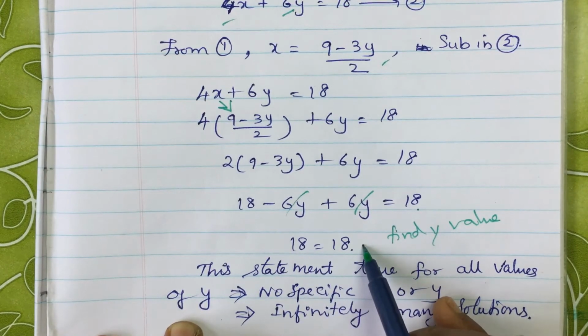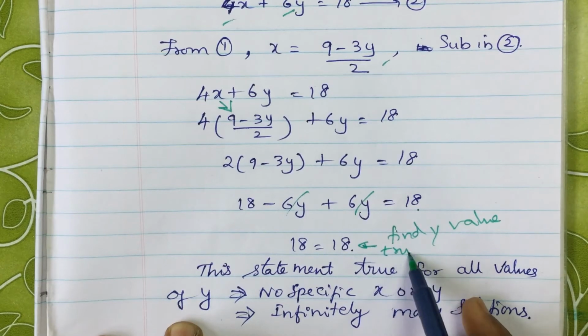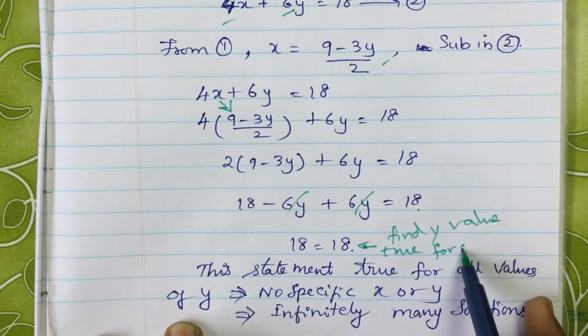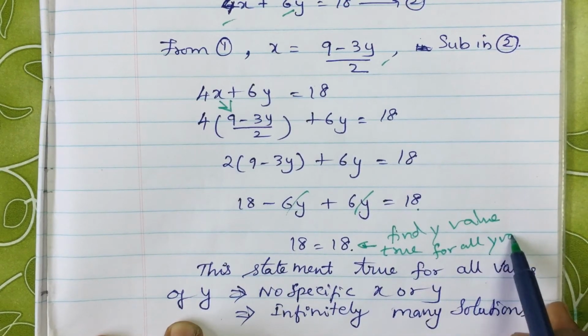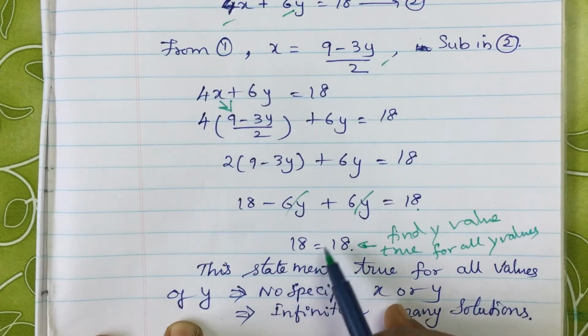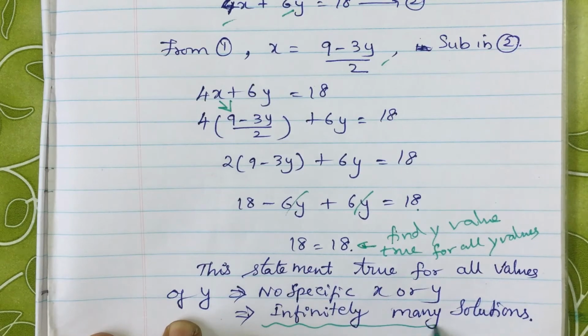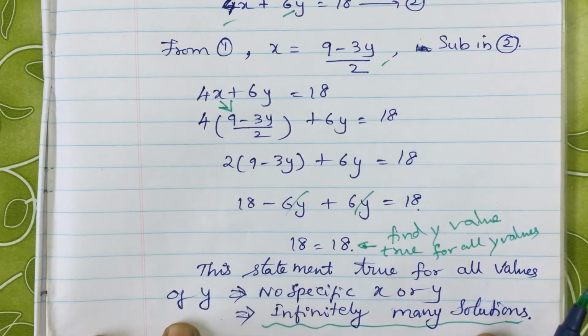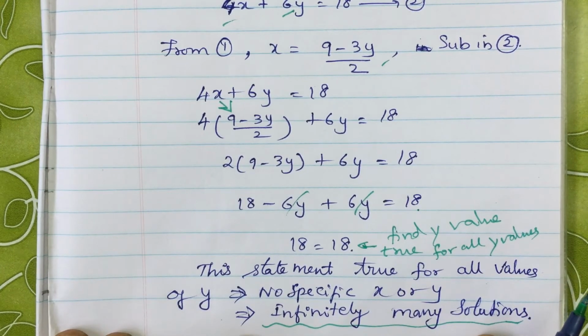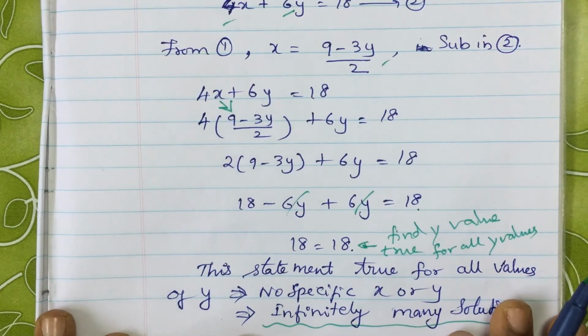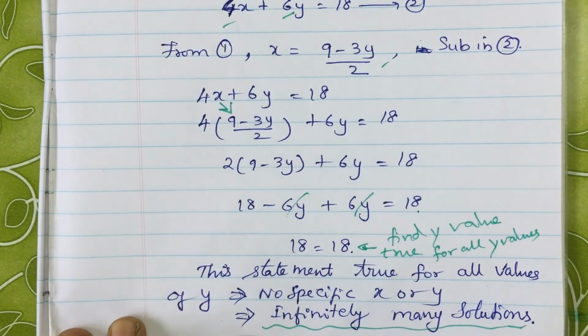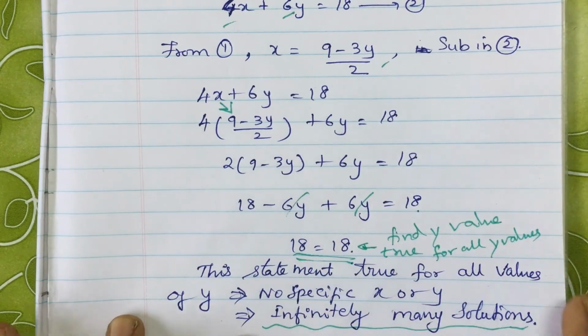So this statement is true for all y values, since the y value doesn't have any impact on this statement. Therefore, you can say it can have infinitely many solutions. You don't find a single solution for these two equations, you will have infinitely many solutions. That is the conclusion you can draw on seeing this true statement.